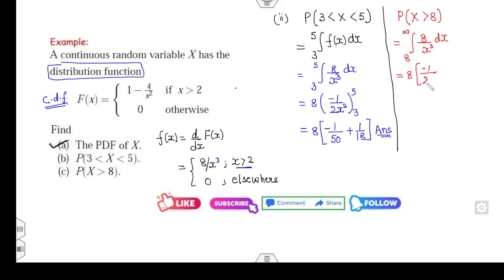It's minus 1 over 2x square from 8 to infinity. When you substitute infinity, answer will be 0. Minus minus plus 1 over 8 square is 64. 2 into 64. So it will be 4 over 64, that is 1 over 16 is the right answer of the problem.